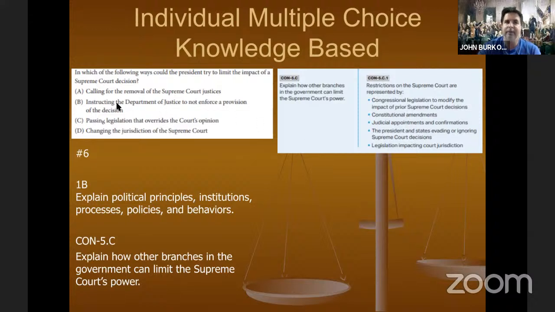There's an example. Passing legislation that overrides the court's opinion, and changing the jurisdiction of the Supreme Court, which is Congress. Again, Congress. Remember, it's the president trying to limit. That's the focus here on the question. All right, so some of these are true, but it really comes down to what the question is asking specifically.